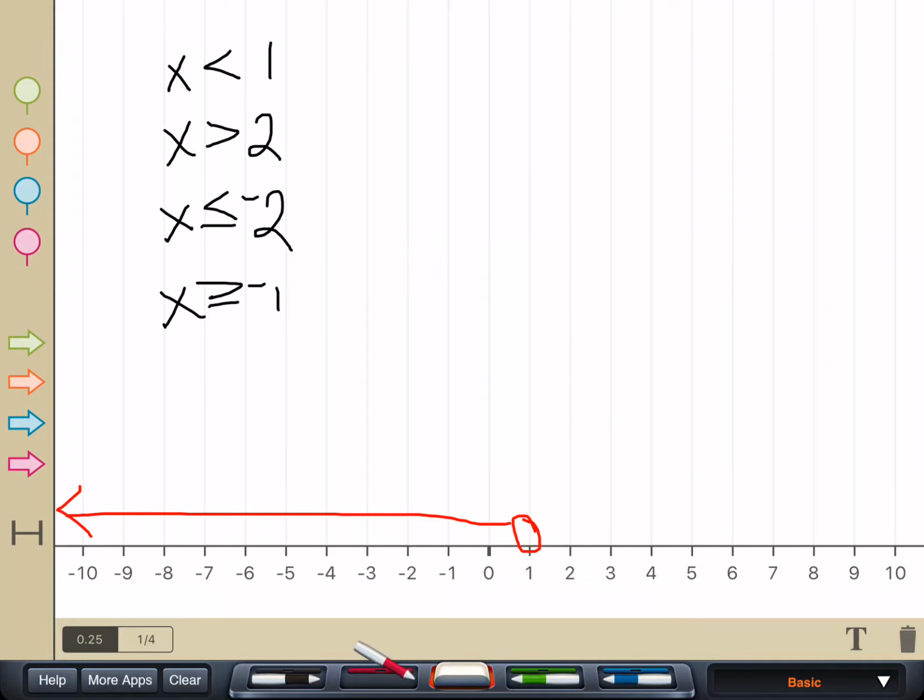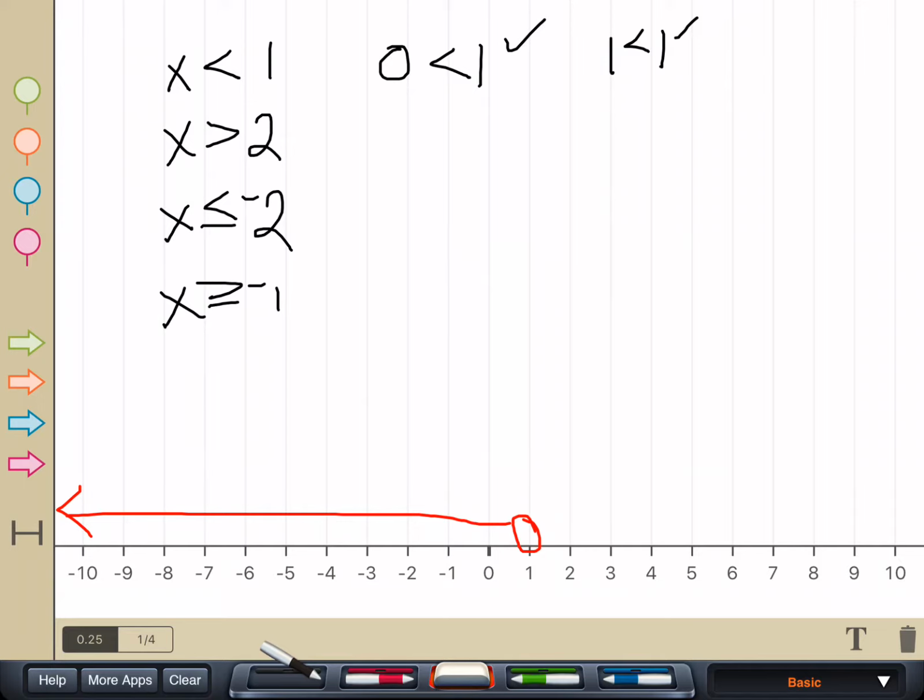That makes sense because, say for example, if I substitute x for 0, 0 is less than 1, that makes sense. But if I try 1 is less than 1, that doesn't make sense. So for that reason, the boundary point stays open.